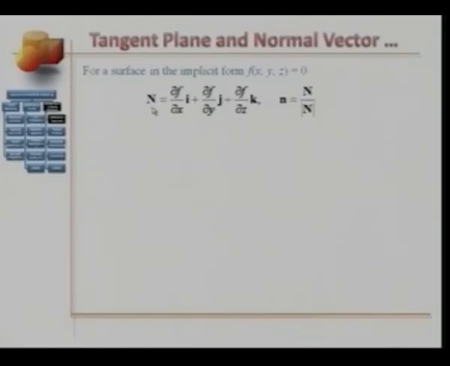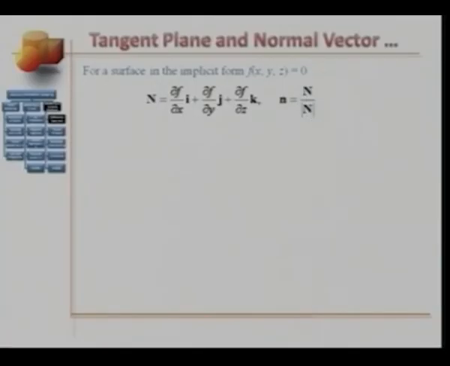The normal direction is given by partial f over partial x times i plus partial f over partial y times j plus partial f over partial z times k. And the unit normal, small n, is then capital N divided by its magnitude.